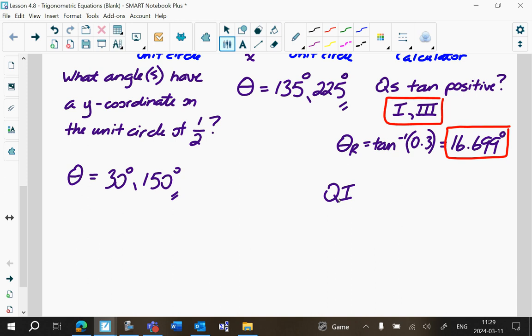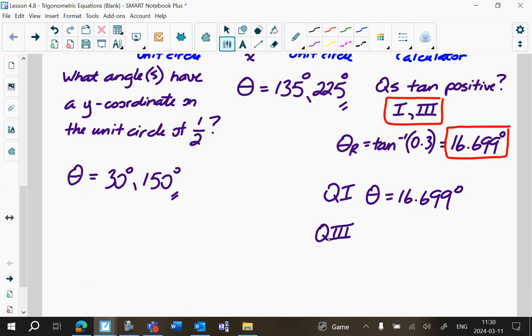It's the same, remember? So one of my answers is going to be 16.699 degrees.